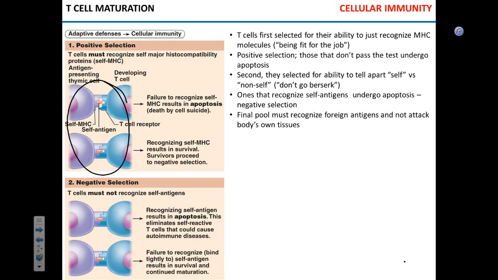Does that make sense? So that's positive selection. Positive because only cells that can recognize MHC are selected. Those that cannot go into apoptosis. Does that make sense? I personally call it being fit for the job. Okay? So they just fit for the job.